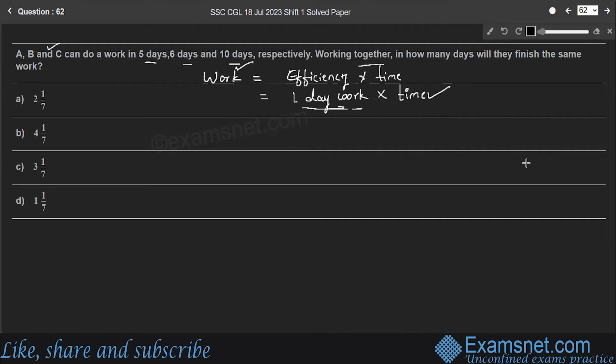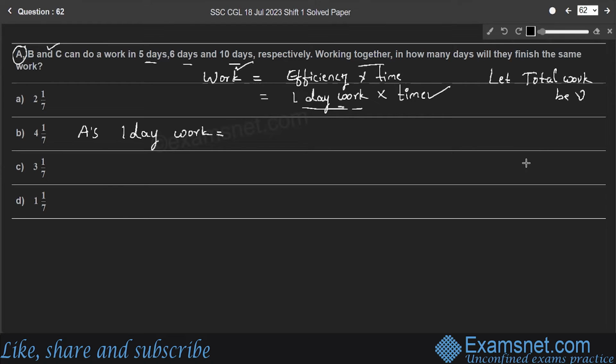Right? Therefore, in case of person A, we'll consider A's 1 day work is equal to the total work that needs to be done. So let total work be W units, for example.